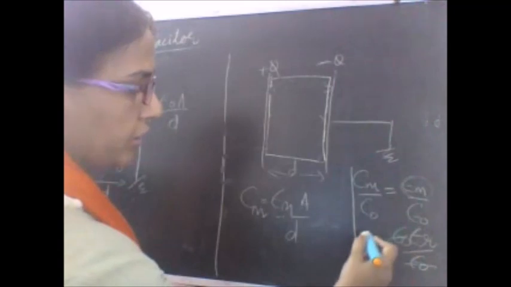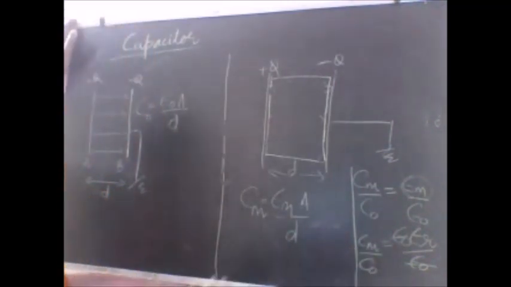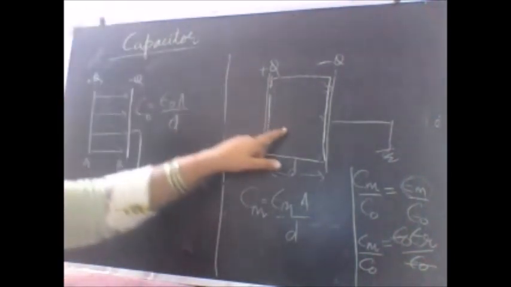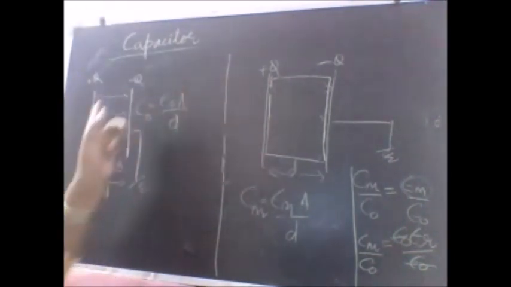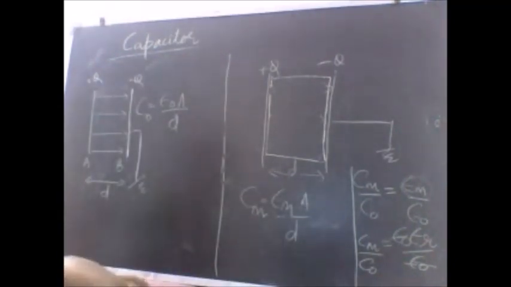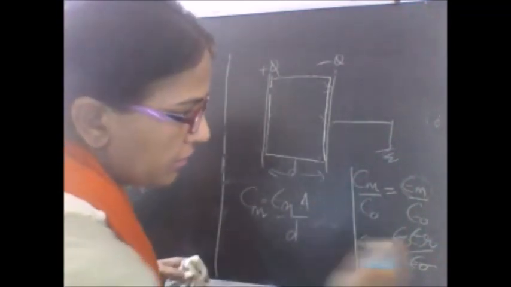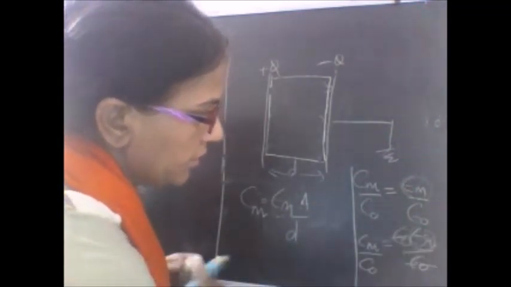It cancels out, and what are we left with? The ratio of the capacitance of the parallel plate capacitor with the dielectric in and the dielectric out, Cm by C naught, comes out to be simply epsilon r.